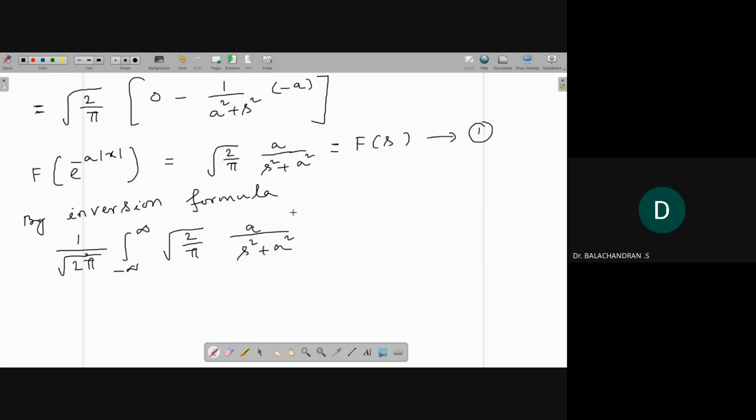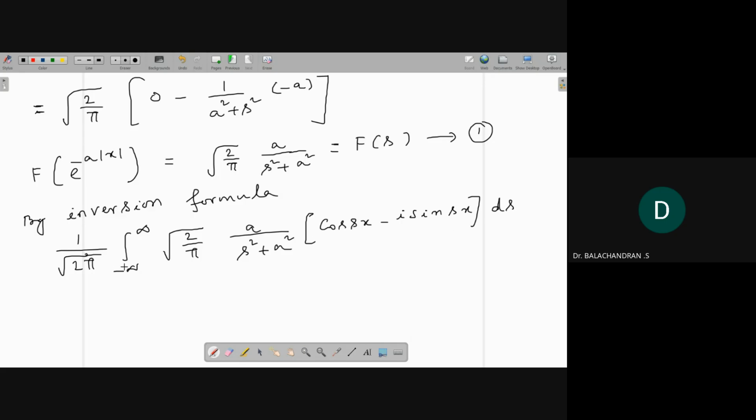E power minus isx is cos sx minus i sin sx, into ds.